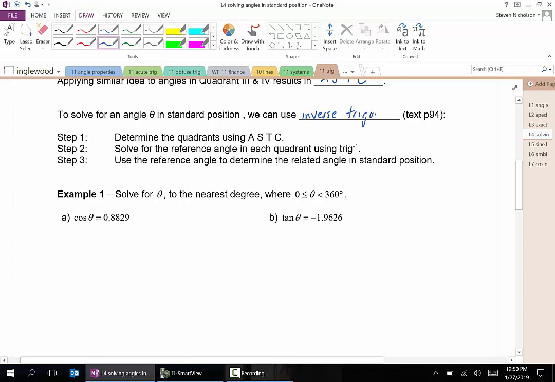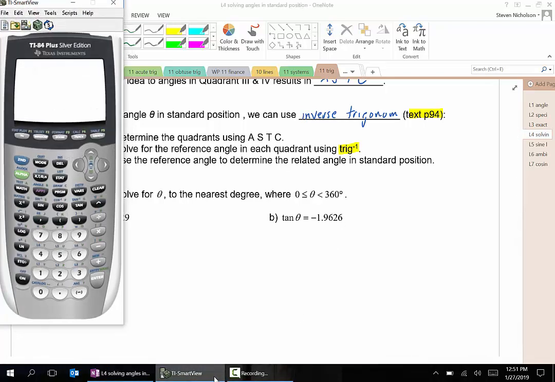It's in your textbook, on page 94, but it's really a button on our calculator. If you look at any decent calculator, you're going to see sine, cosine, tangent, but above those buttons you have sin -1, cos -1, and tan -1, and these are the buttons you push to find an angle, and you push these buttons in grade 10.